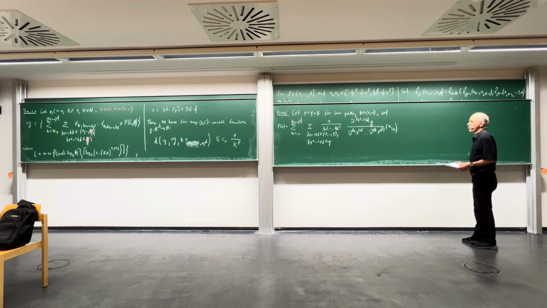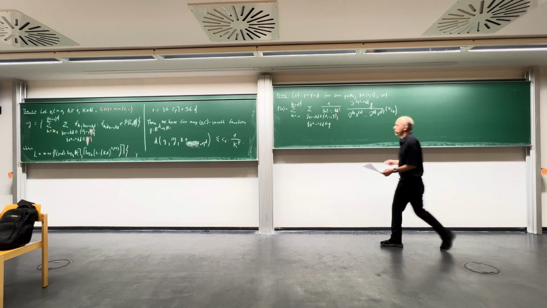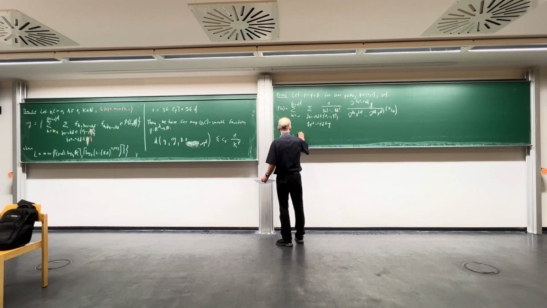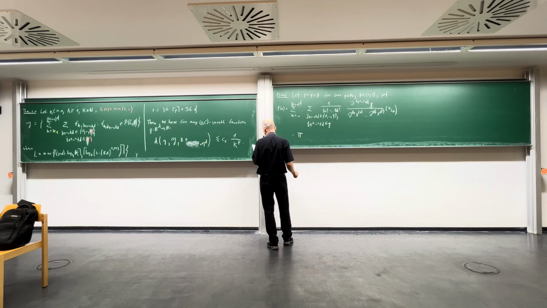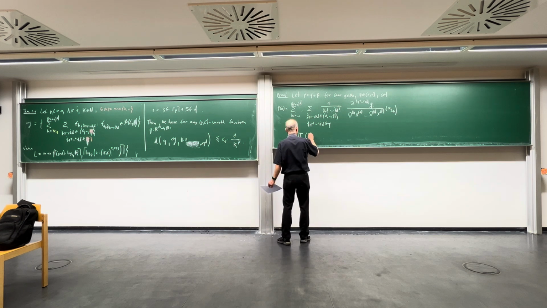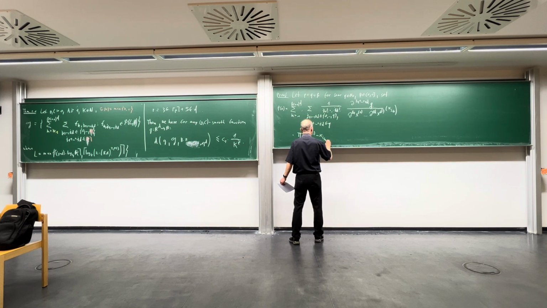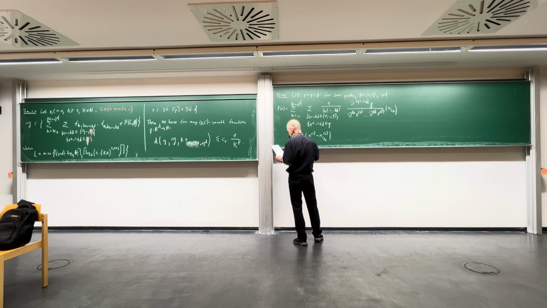We need the product, the monomial, which is x1 minus x_i^k, and so on, for i equal 1 to d.